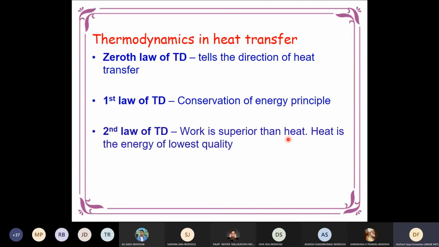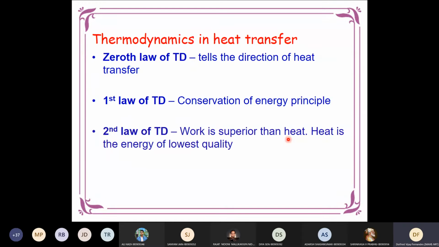If you rank energy in a hierarchical way, then heat will come at the bottom, which is the lowest quality of energy, which can be easily lost to the environment. Most of the time, energy loss is in the form of heat.